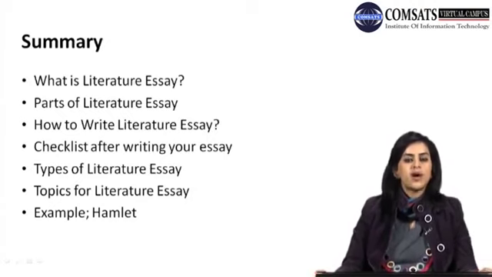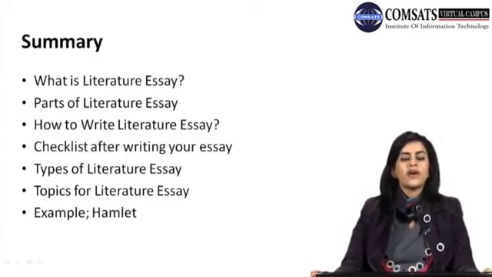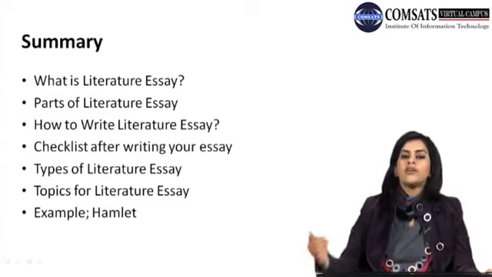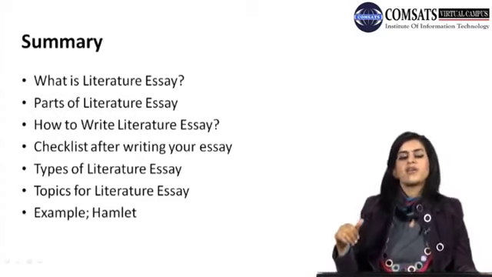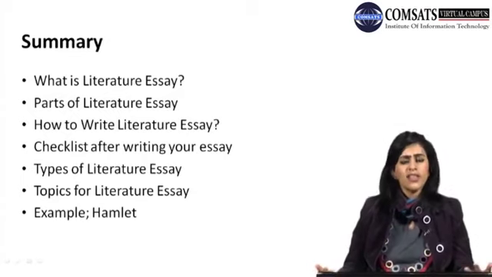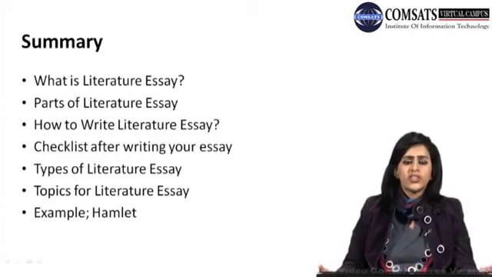Today we have discussed the last type of essay, that is known as the literature essay. We have also seen the different parts of a literature essay, how the introduction, body parts and paragraphs should look. Then we have thoroughly discussed how the literature essay looks and how you can produce one. Then we have also gone through the checklist for writing your essay.